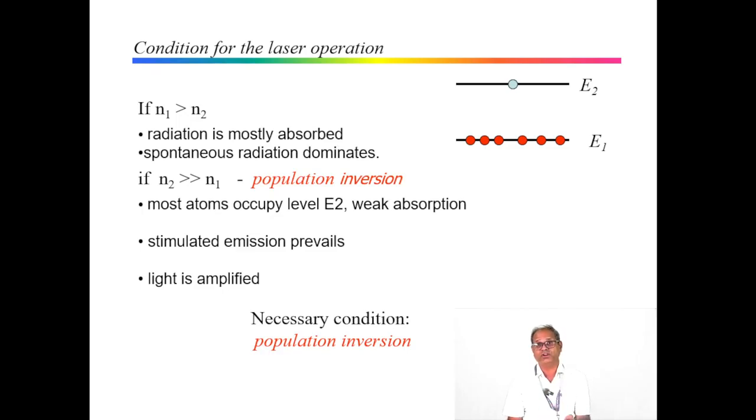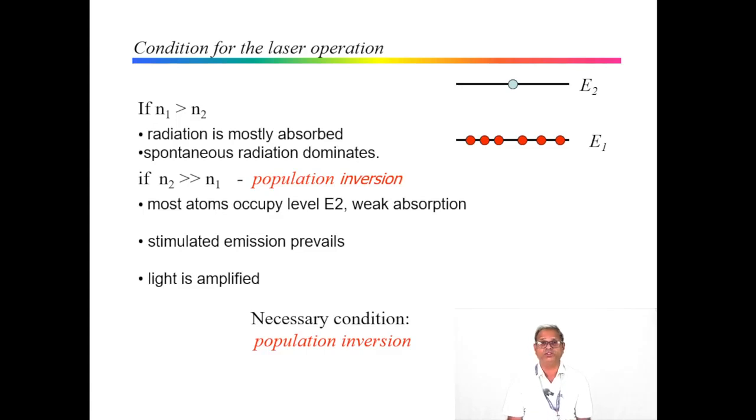So, the condition of population, that is the number of atoms in E1 and E2, becomes reversed, that is N2 is very much greater than N1. This process is very important, which we call population inversion. Population inversion is nothing but making the number of atoms in the excited state, that is the E2 state, large as compared to the number of atoms in the E1 state. So, that condition is called population inversion, that is N2 is very much greater than N1.